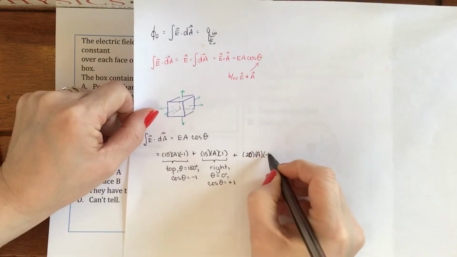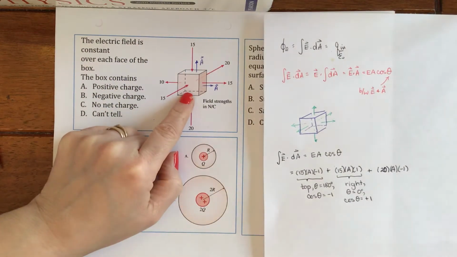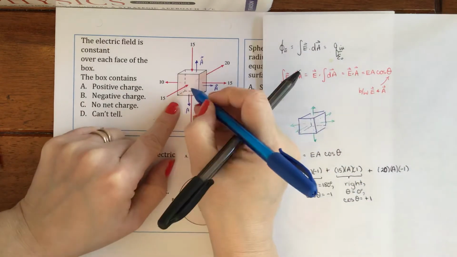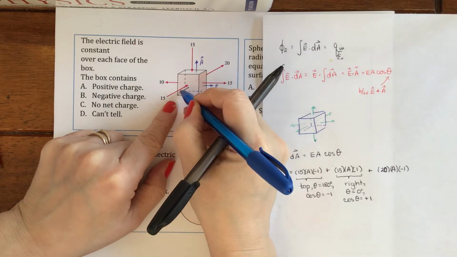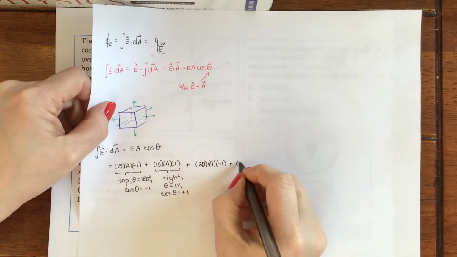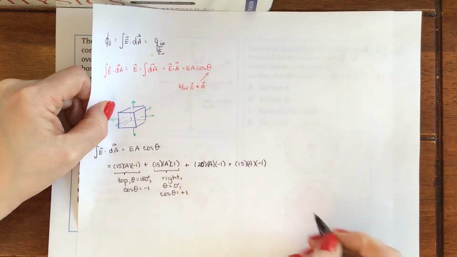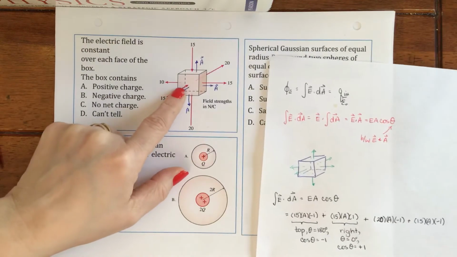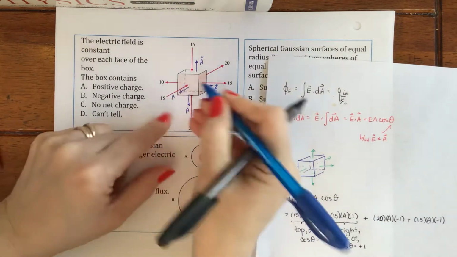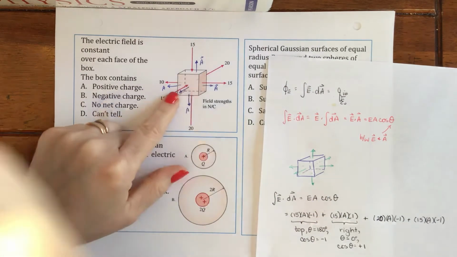There's the bottom face. Next, we'll do the front face. The electric field is 15. It points inwards. Our area vector points outwards, so that angle is 180. So for our front face, we have 15 times the area times cosine of 180, which is -1. Then we'll do the left face. Our electric field, 10, points out, our area vector points out, so the angle between those two is 0.